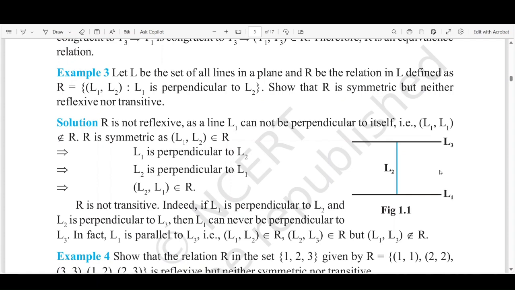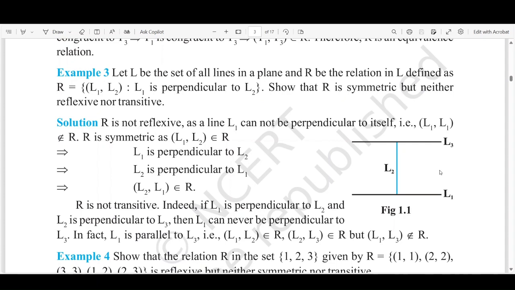So here they have considered the non-empty set L which consists of all lines in the plane and they have defined the relation R on the set L such that if L1 is perpendicular to L2, then the ordered pair L1, L2 will be included in this relation. Now we have to prove that this relation R is symmetric but it is not reflexive and not transitive.